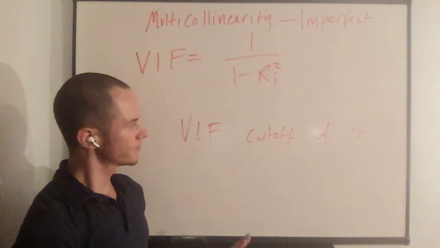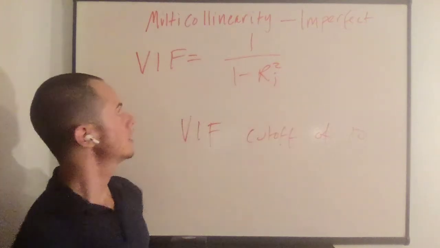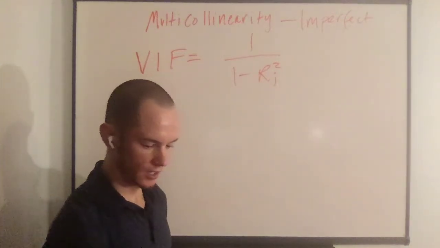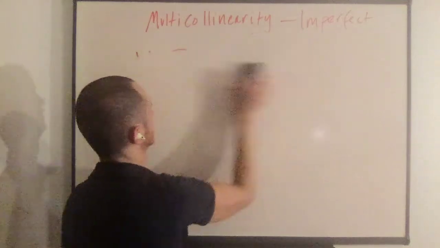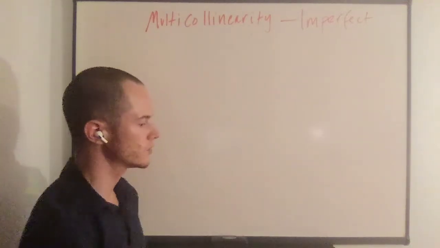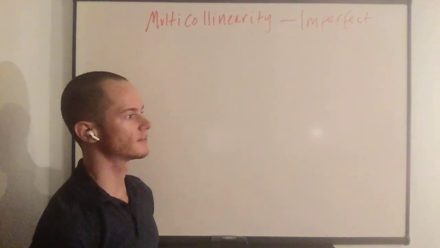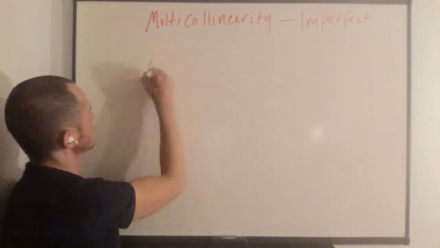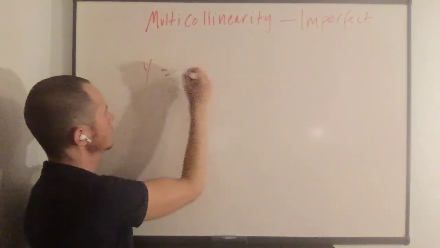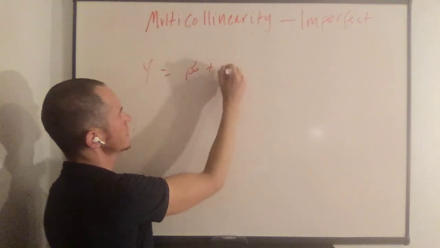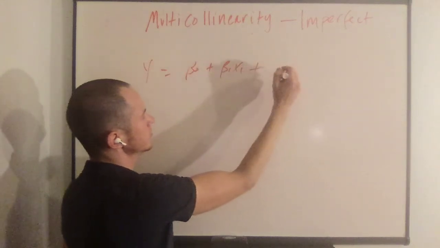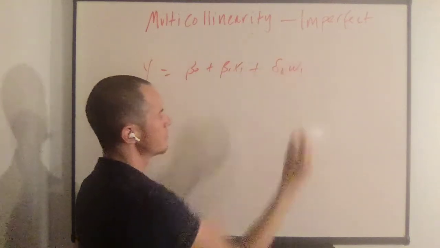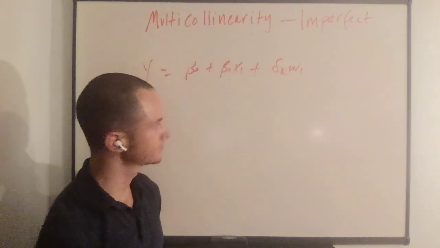Let's think about two more things in terms of this multicollinearity when it's imperfect. We are concerned about the precision of the estimates of the variables of interest, right? Sometimes we specify a model as y equals beta 0 plus beta 1 x1 plus, let's say, delta 1 w1, where w1 might be a control variable.